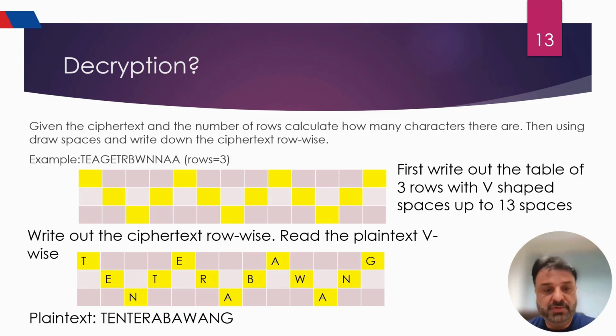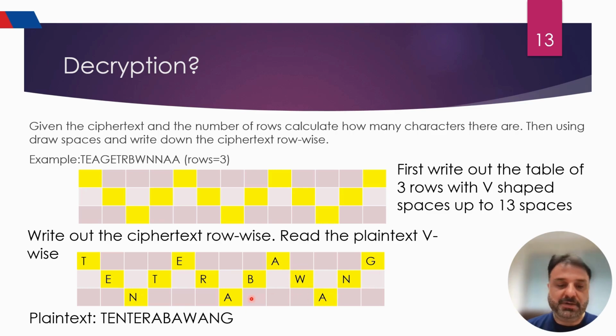As I told you in a previous slide, when we want to decrypt the message, we have to use the same rows and put the message in like this, T, E, A, G, and the other characters, and then read it as it was when we put it in the message. So as you can see here, we read it like this.